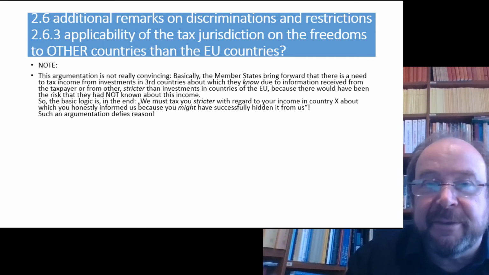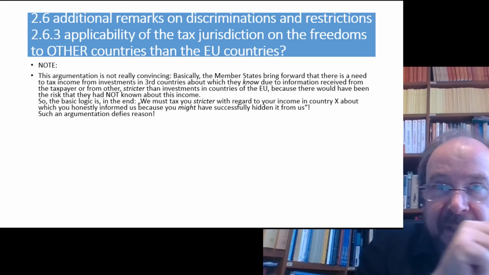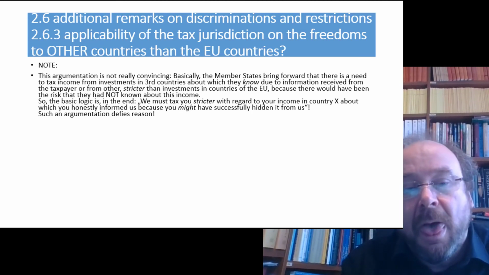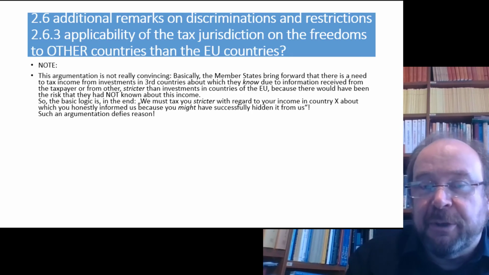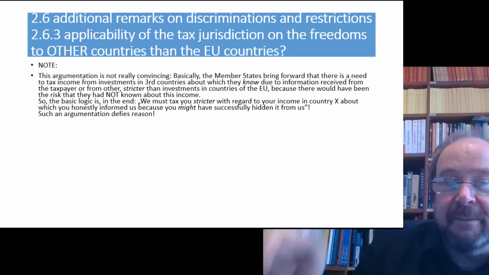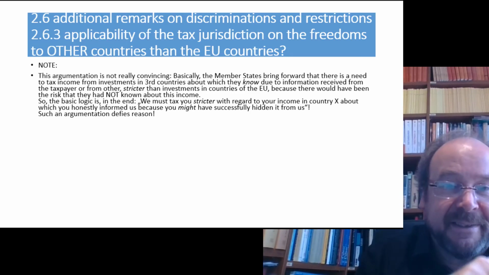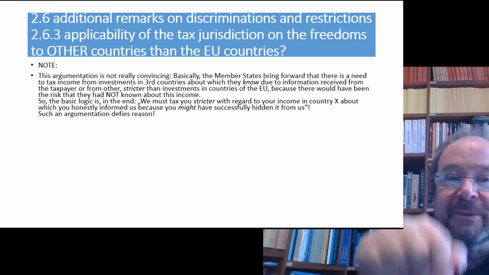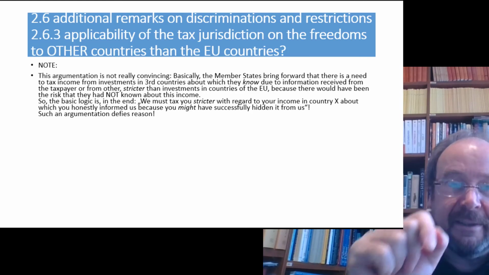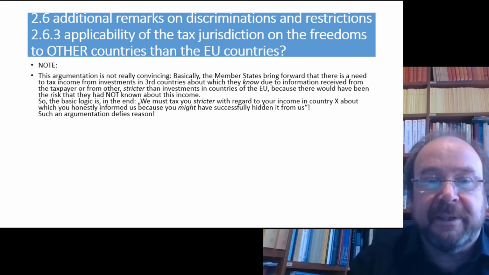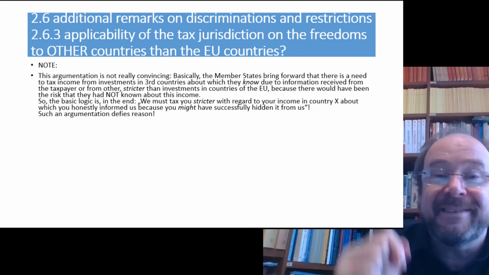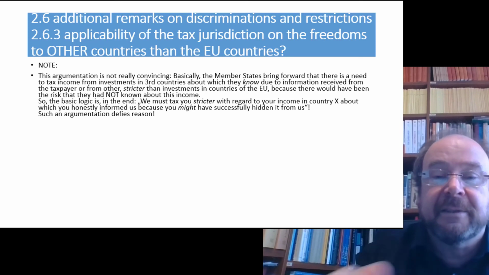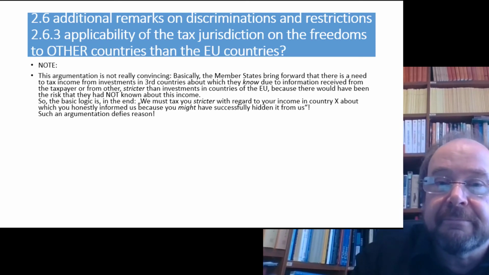Now, if we tax you with that money of which we know, due to information which we have either got honestly by you yourself or by some other source, then we must tax you stricter than it would be normally justified on grounds of the reason that you could have lied and hidden the money from us.